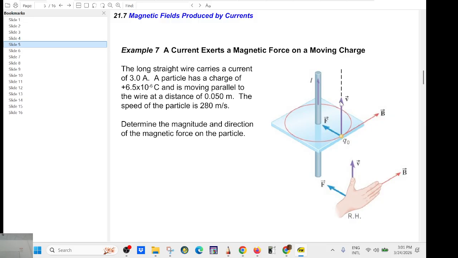So you have the wire, magnetic field going around. You have a positive charge moving this way, magnetic field that way. The force is going to be to the left. It's a centripetal force. So the first step: find the magnetic field produced by the wire.